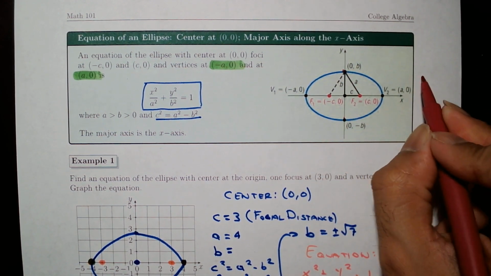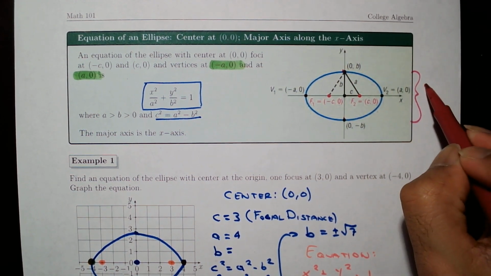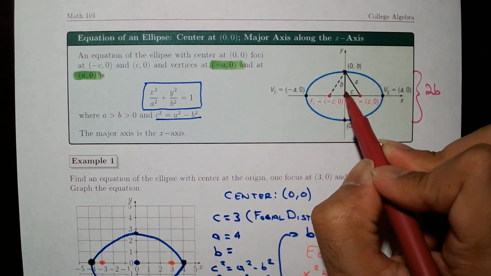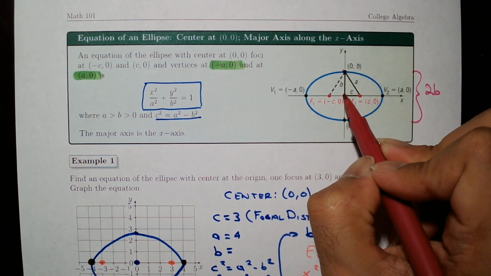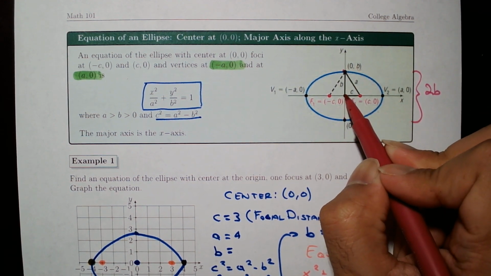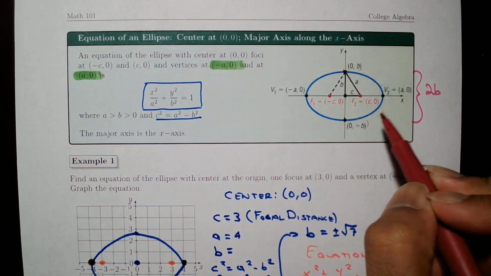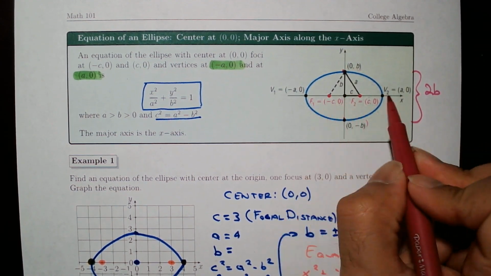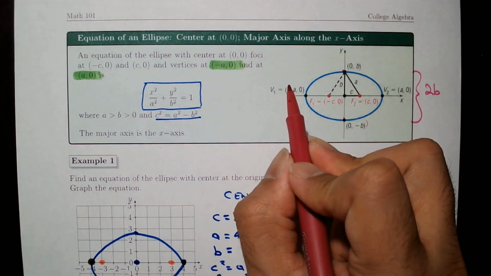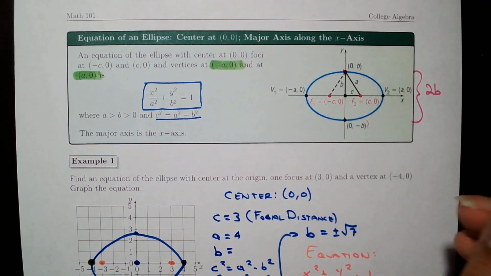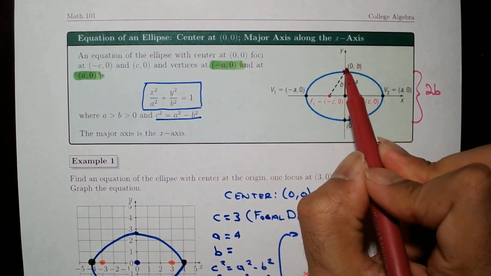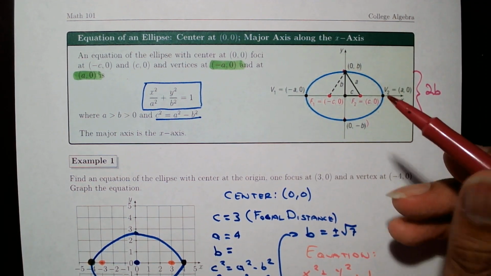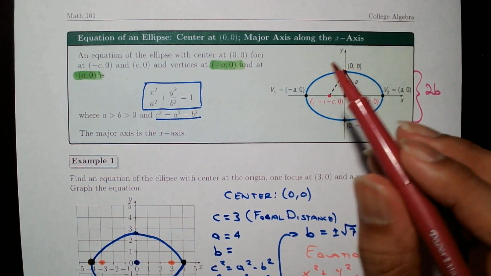co-vertex to co-vertex will be 2b, 2 times b, because from the origin we move b units up and b units down to reach the other co-vertex. However, for the vertices, which are actually labeled here, notice the co-vertices are not labeled, they're just labeled as points, but that's how we call them actually.